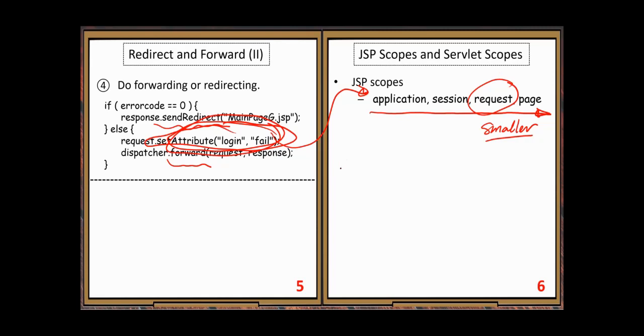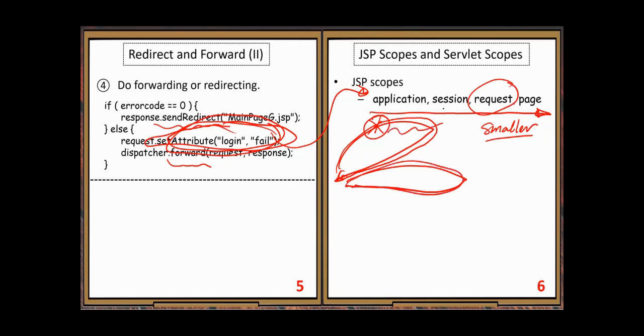Remember, request, response. After one cycle, it is done. Then you need to start another request and response. So your data stored in the request only stays in this cycle. When you start a new cycle, that old data is gone, so you cannot retrieve the old data. That is the request scope.